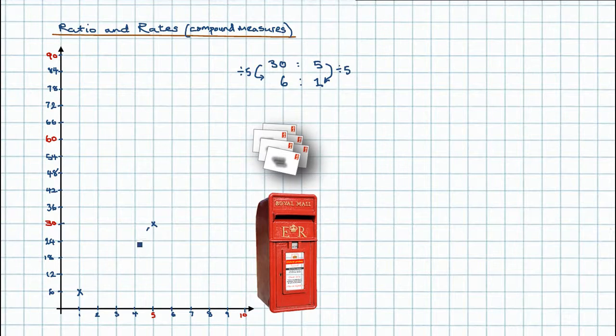We can see that they're directly proportional just by thinking about it, and by drawing a line between the 2 points, we can see that if we had no letterboxes, continuing that line, we would have no letters, so 0, 0. So that's the basic idea here, and we end up with something that we generally call 6 per letterbox, so 6 letters per letterbox.